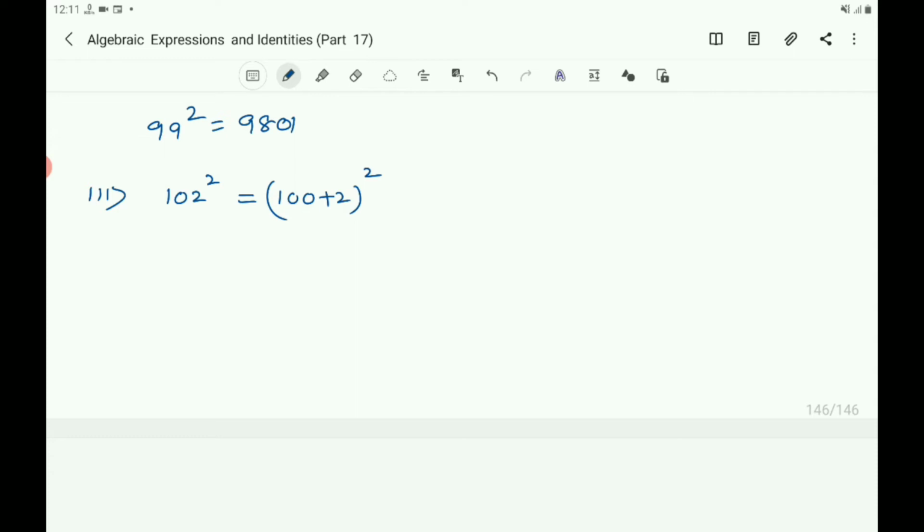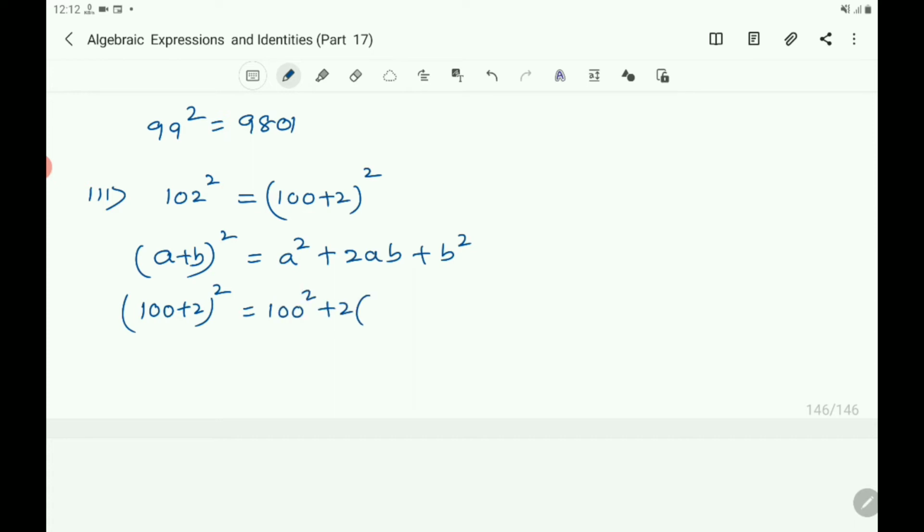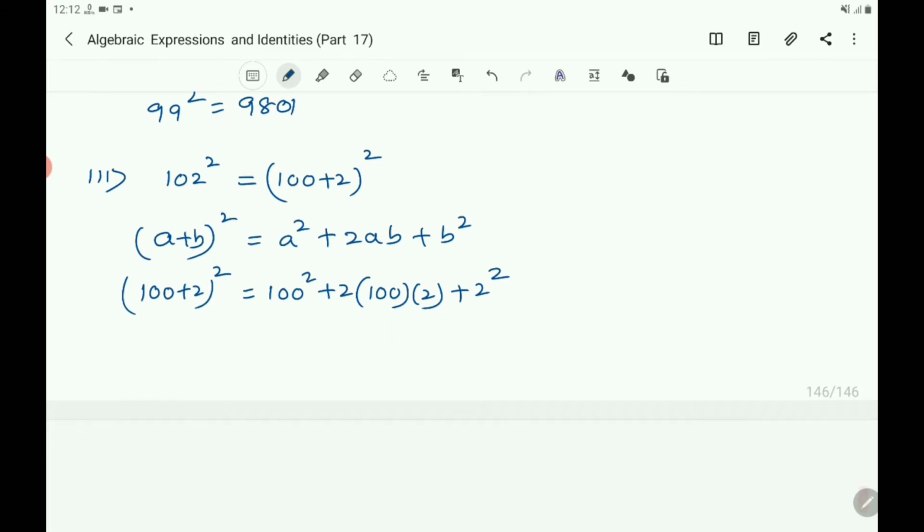Now you can use the identity a plus b whole square equals a square plus 2ab plus b square. Then 100 plus 2 whole square equals 100 square plus 2 into 100 into 2 plus 2 square.